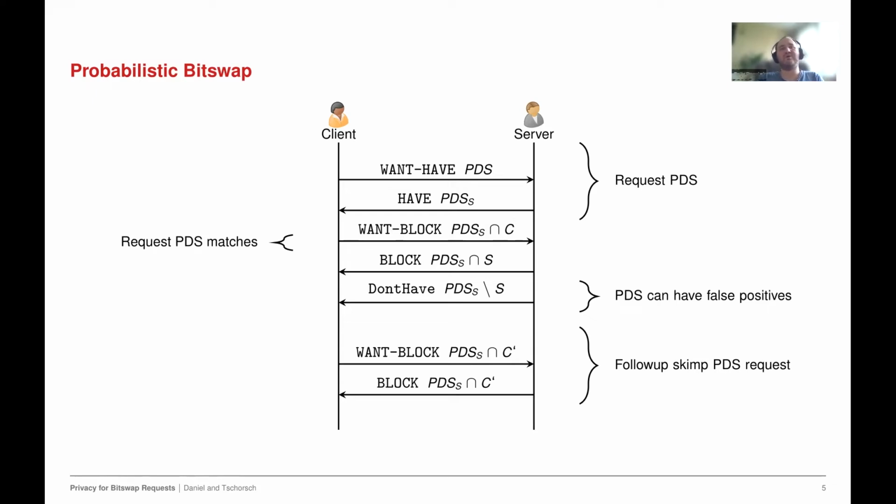If it is a false positive, the item of interest is revealed without getting the block. Here you can also see follow-up requests don't need to request this probabilistic data structure again, assuming, of course, the server set hasn't changed in between.